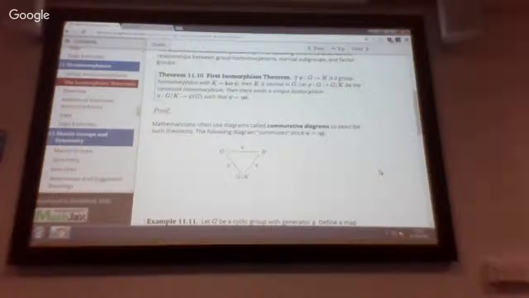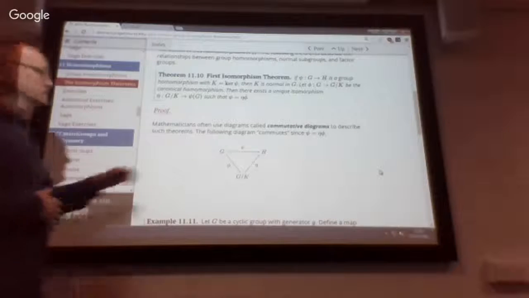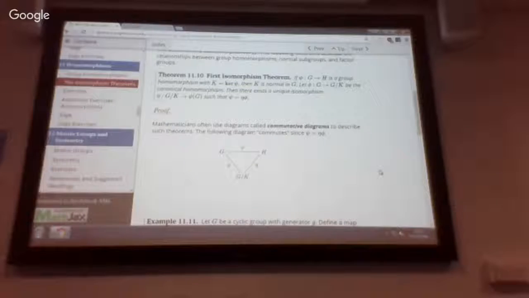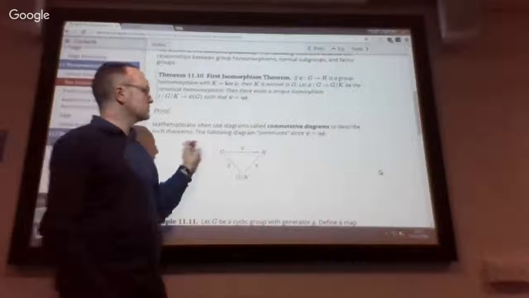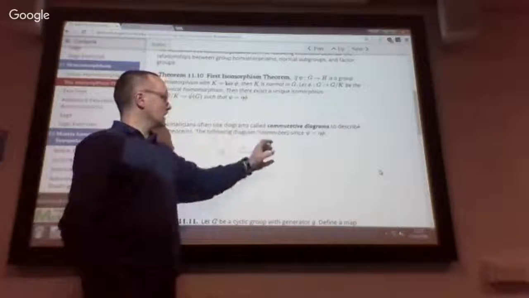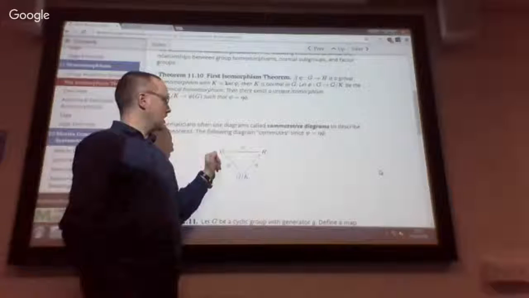So that's an interesting theorem that ties together isomorphisms, homomorphisms, kernels, and factor groups, all in this nice commutative diagram. But the main idea behind it is that any homomorphism maps a group into some kind of homomorphic image, a potentially smaller subgroup of the codomain.